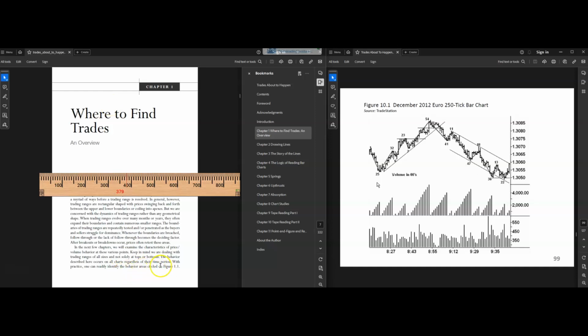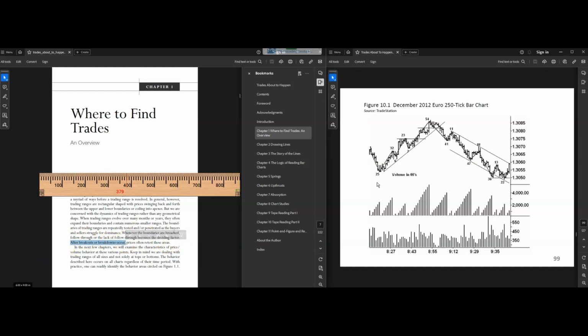They're circled, so we're going to look at where the circles are, and that is where to find trades. Before we do that, whenever the boundaries are breached, the follow-through or lack of follow-through becomes the deciding factor. After breakouts or breakdowns occur, prices often retest these areas.